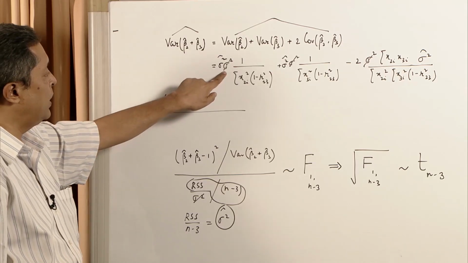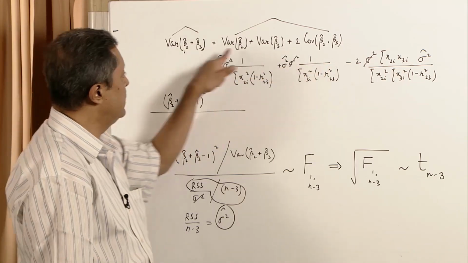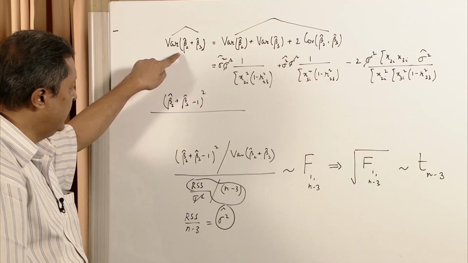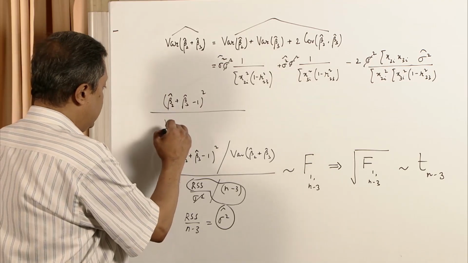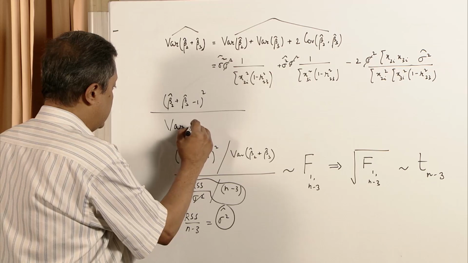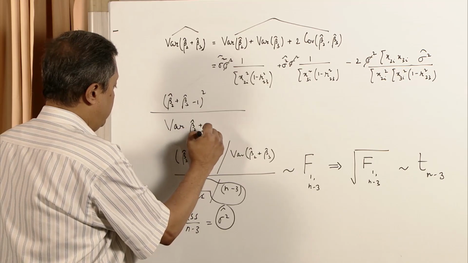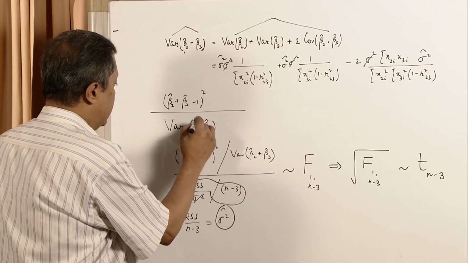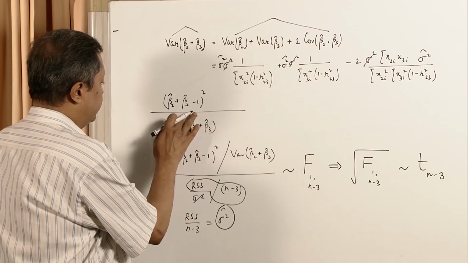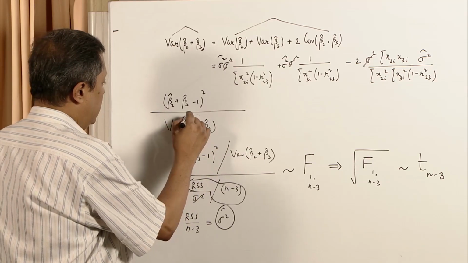Instead of sigma square, we now have sigma square hat, which gives us estimated variance in the denominator. So, we write this as variance of beta 2 hat plus beta 3 hat, the estimate of that. Put a hat to denote the estimate.